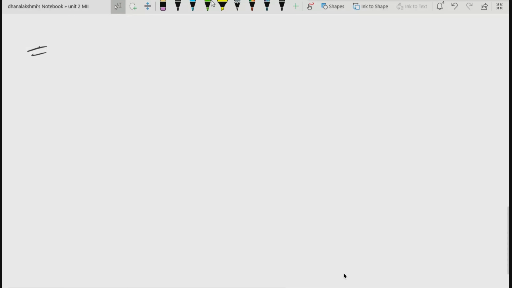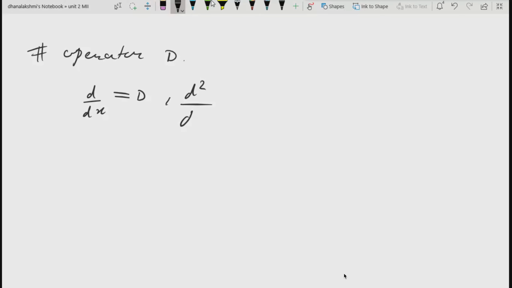So the operator D: we will denote d by dx as D, and d square by dx square as D square. These are the notations we are going to use.